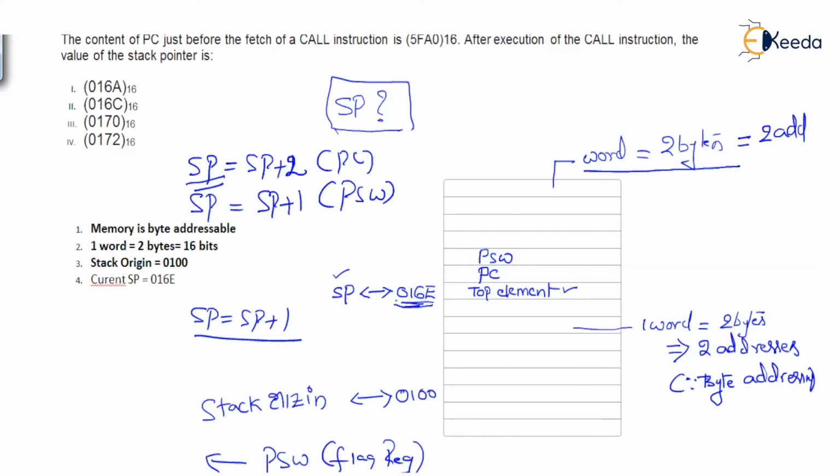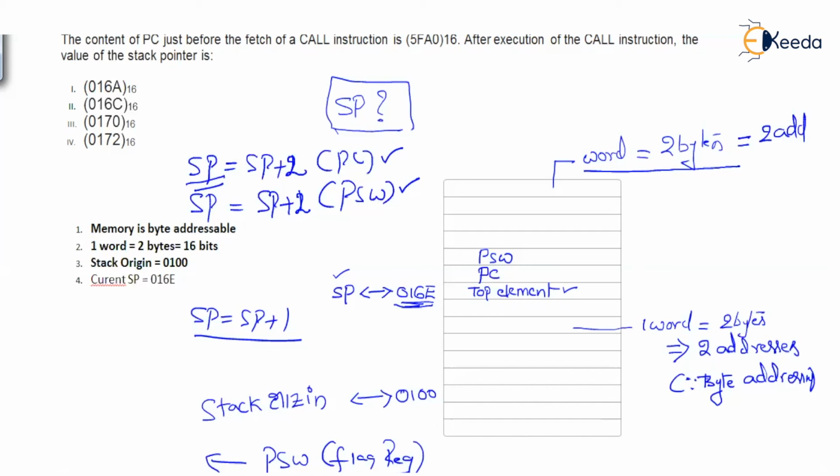In order to go from this location to the next, the stack pointer should be incremented by 2. So when one element is pushed, SP is equal to SP plus 2 since the memory is byte addressable. For the program counter, SP is SP plus 2, and SP is SP plus 2 more for the PSW pushed into the stack.